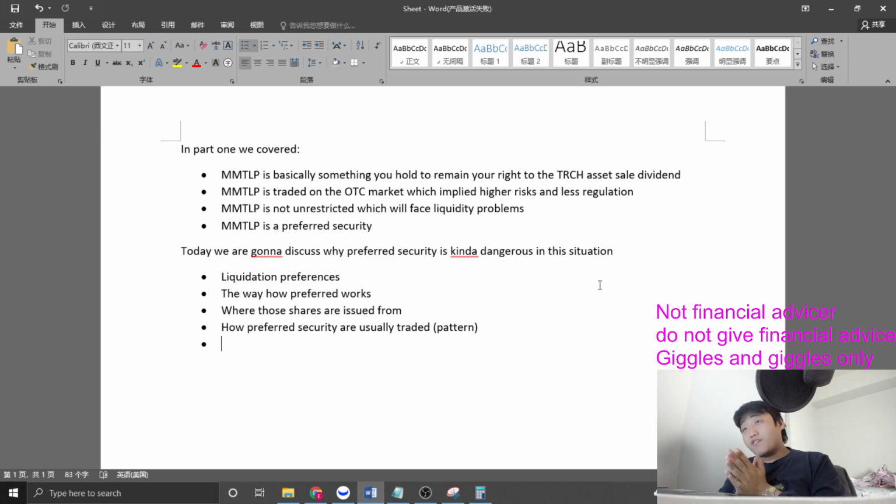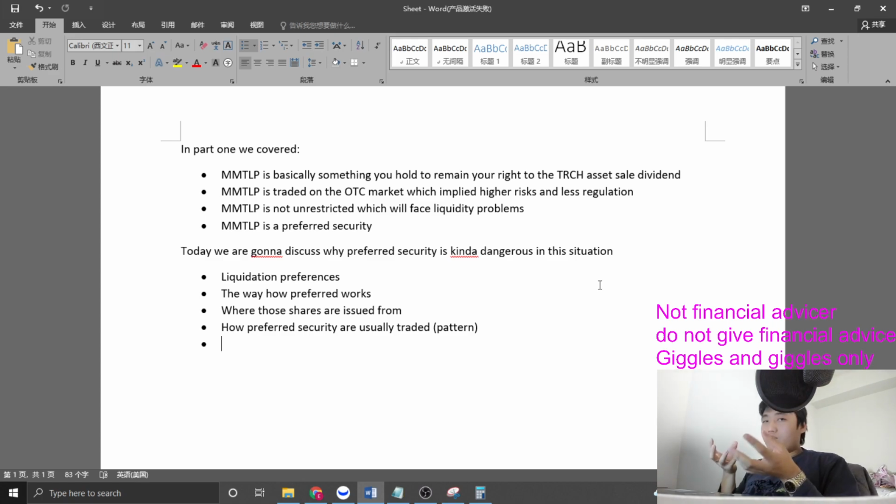We clarified that MMTLP is traded on the OTC market, which implies higher risk and less regulation. Because of that, it's probably not going to be as attractive as, say, a preferred stock traded on the NASDAQ, which brings us to the preferred stock requirements to be listed on NASDAQ.